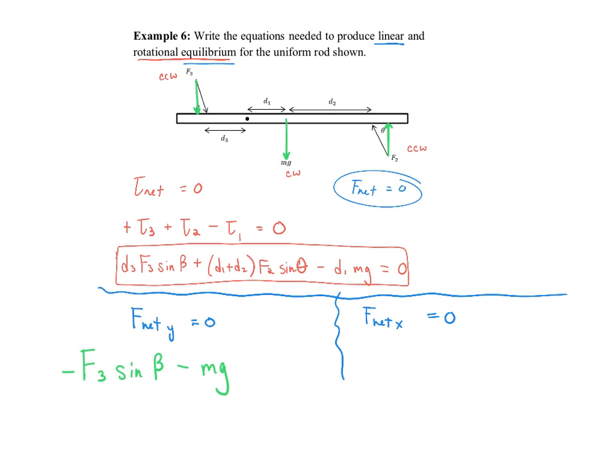That's a force in itself. I could put times the sine of 90, but that's just 1. And then I've got a positive force acting from F2, and that's going to be F2 times the sine of its angle, which is called theta. And that equals 0. And that's my equation in the y direction.